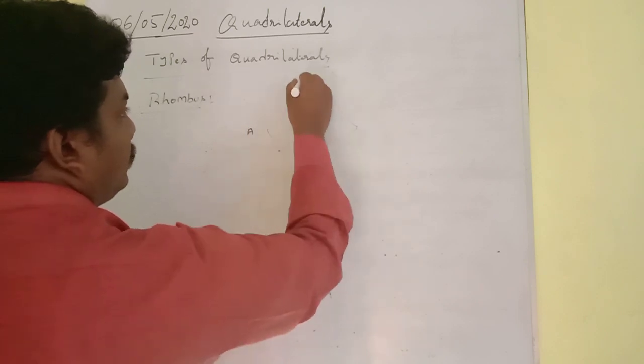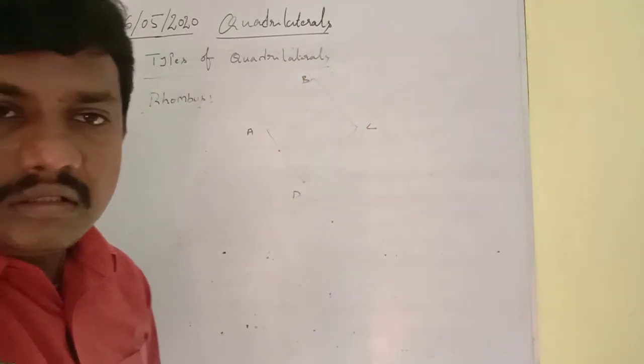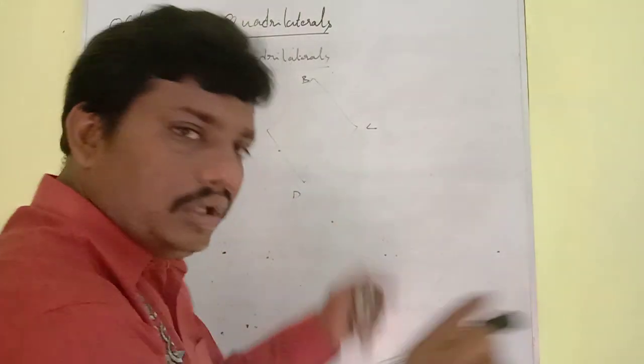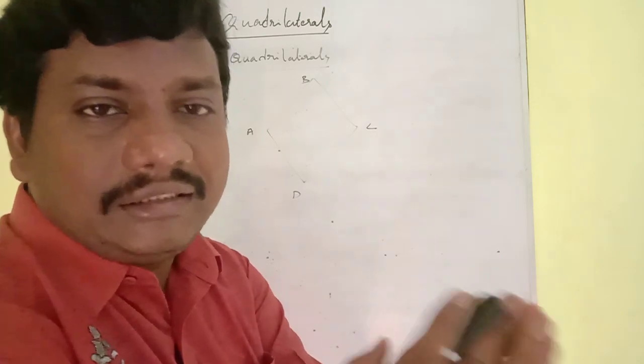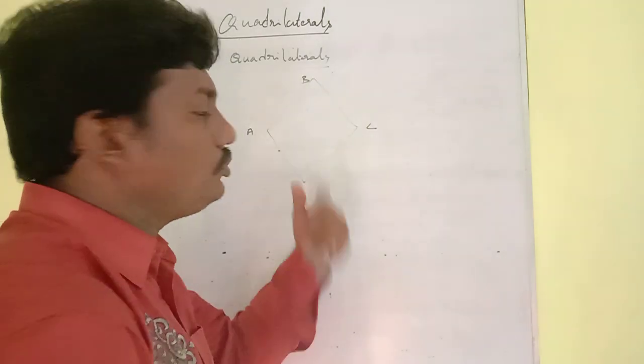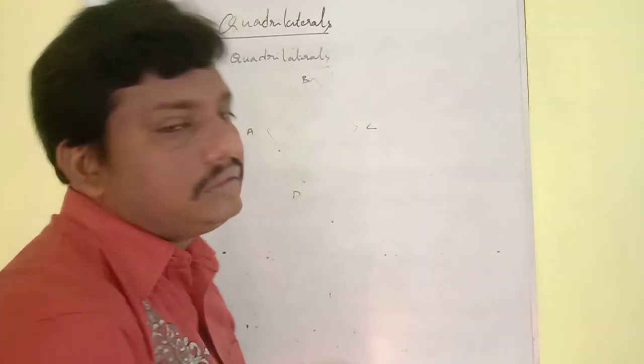This is A, this is B, this is C, and this is D. In a rhombus, all four sides are equal. A parallelogram whose sides are all equal is called a rhombus, because every parallelogram property is suitable for a rhombus also.